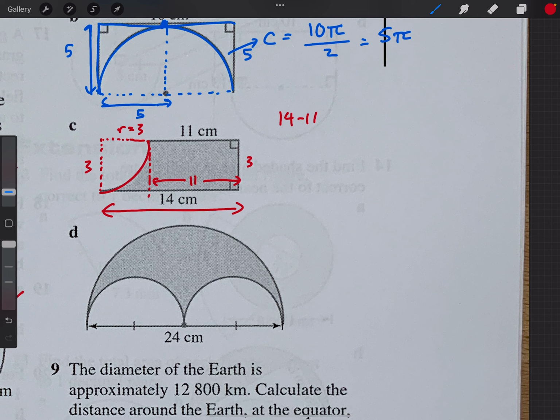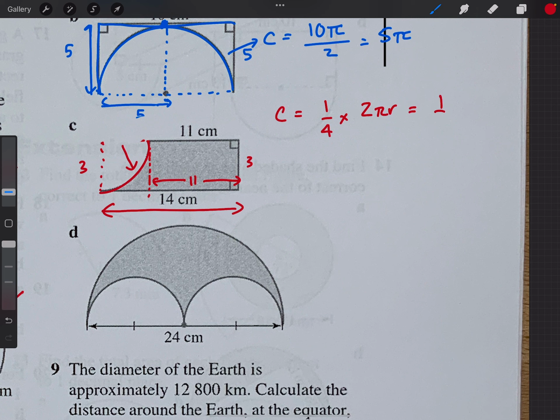This is 3. So what we're going to do is find the circumference of this quarter circle, radius 3. Alright, so to find the circumference of this quarter circle, we do 1/4 of 2 pi r.